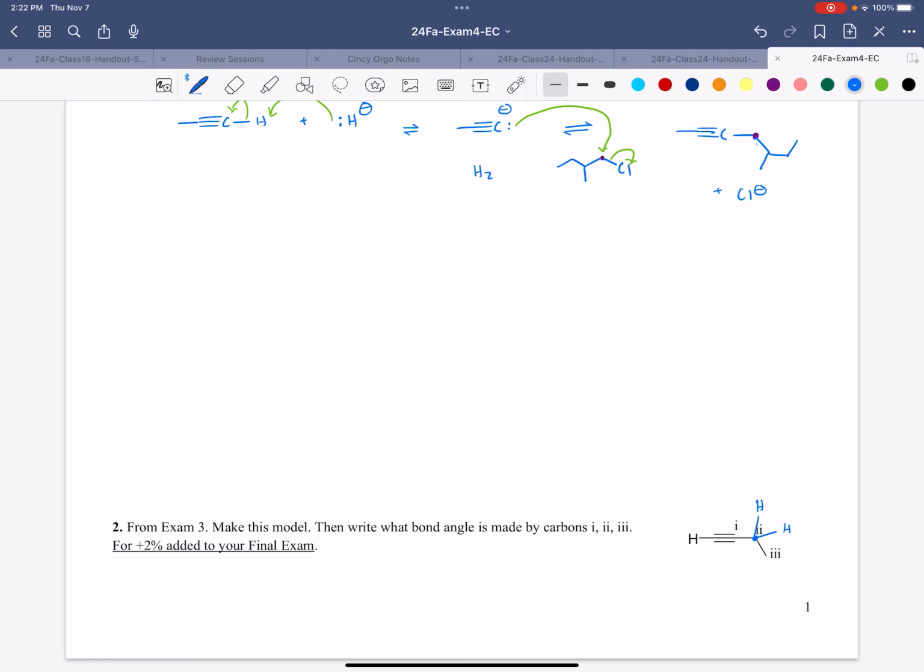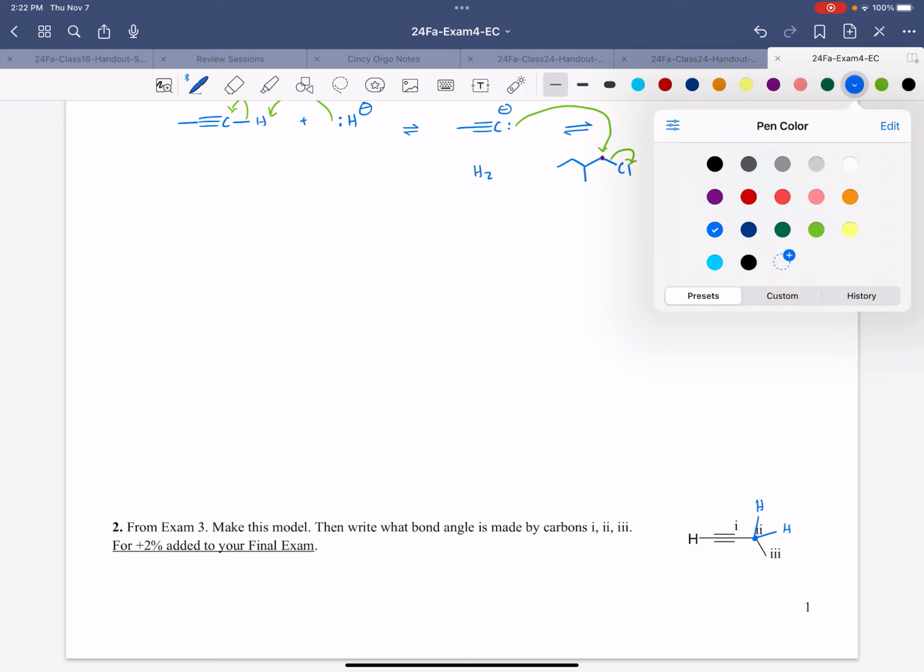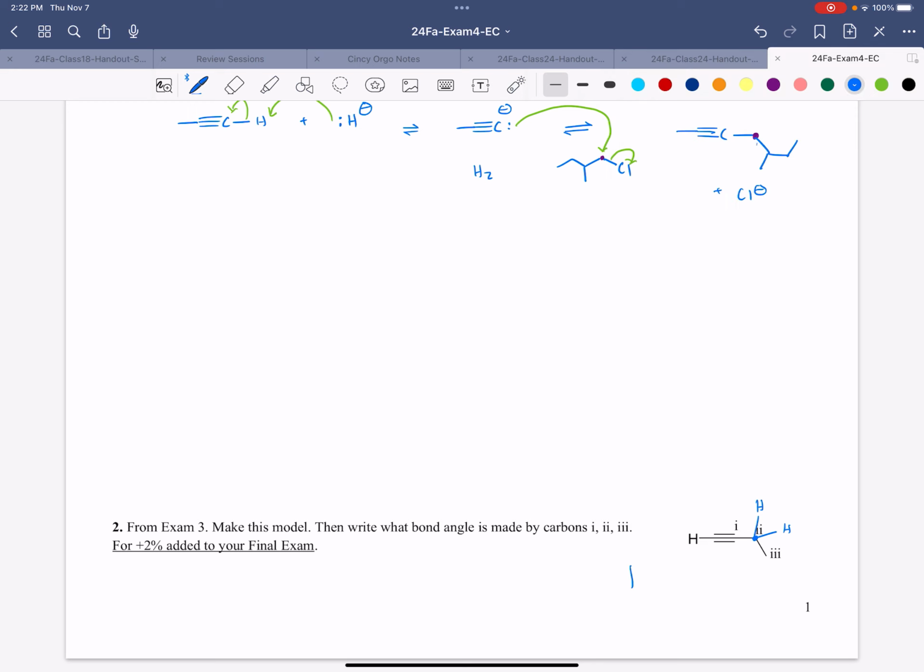You know what 4 bonds on a carbon makes? A tetrahedral carbon. And you know the angle for the tetrahedral carbon is 109.5 degrees.